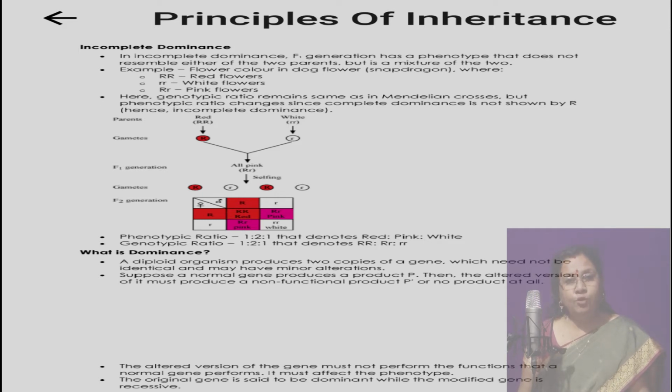In Mendel's monohybrid cross, according to the law of dominance, the F1 progeny is dominated by the dominant gene and the recessive gene is suppressed.